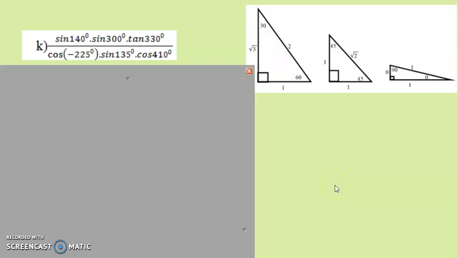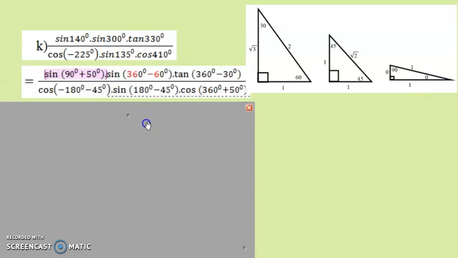At this point in time, you would have noticed that all those values, except for those two, could be written in terms of my special triangles. So, firstly, I write sine 90 plus 50 because I know this one was 360 plus 50. Remember I said we will look at that one when we see what the effect of the other things are.